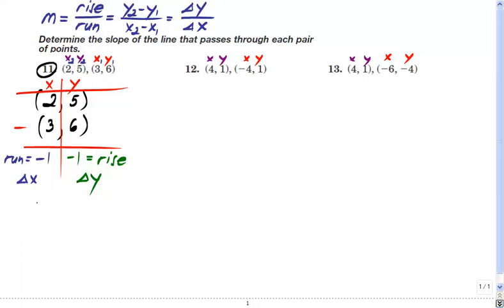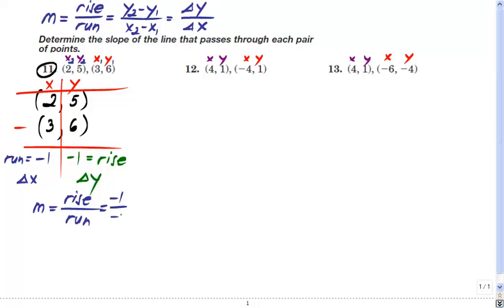Well, we are done, because all you have to do next is find the rise over run, the change in y over the change in x, and plug in your values. Rise, negative 1.